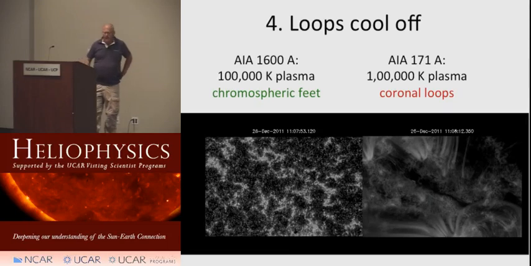The next part, the last part, is a bit easier to understand, and it is certainly the most photogenic thing we see. So we've gone from having the energy which has been stored in the magnetic field released through magnetic reconnection.